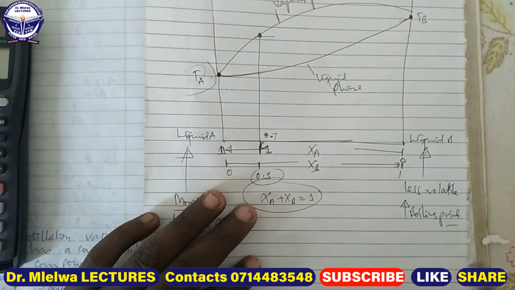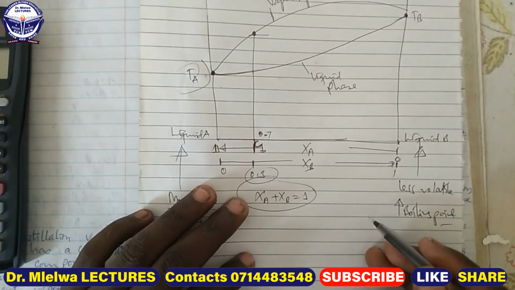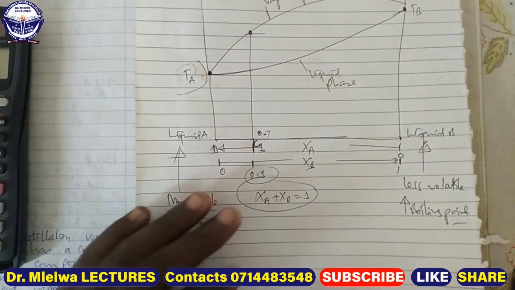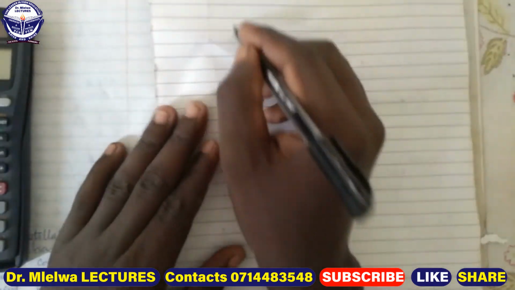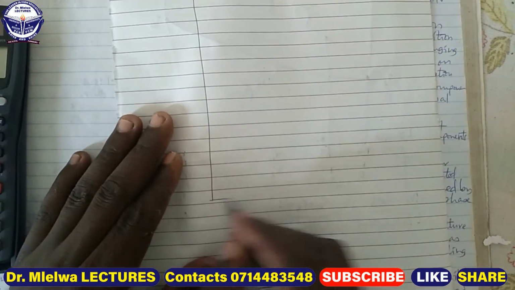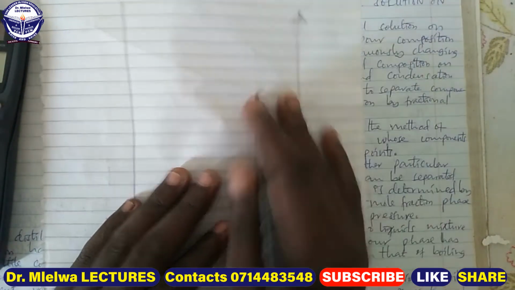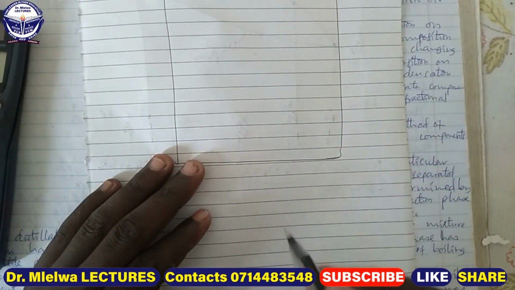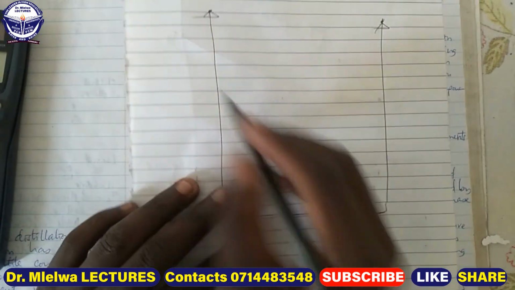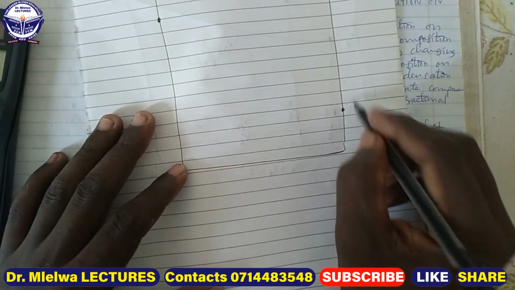So if we do distillation now, let's say we have these two liquids and we distill them. We start with a liquid of a certain composition and do distillation. So assume, let me draw another graph here. I'm not using a ruler because I'm just doing this graph. So assume it is the same graph but now we put B here and A here, for simplicity of explanation.